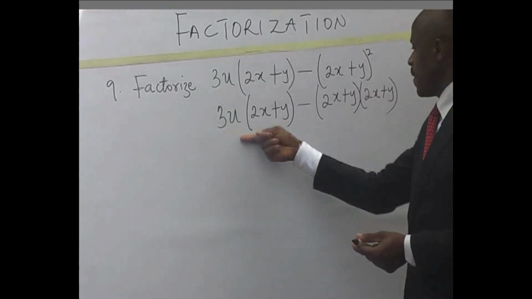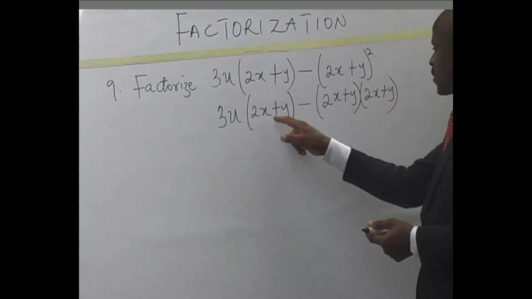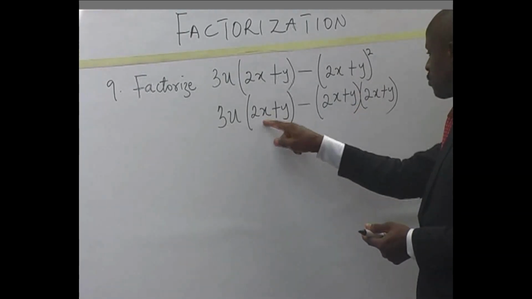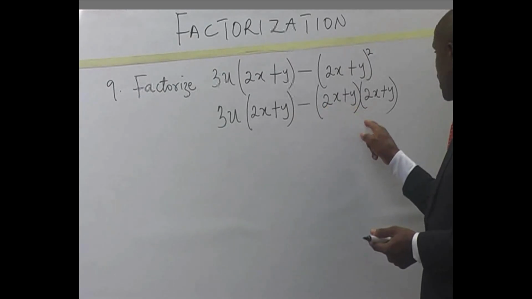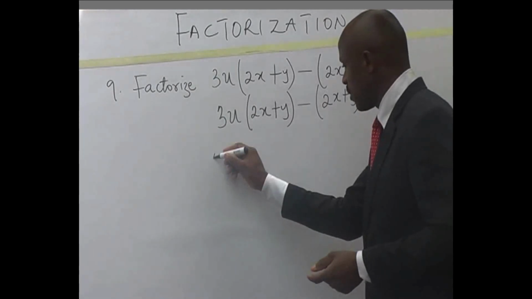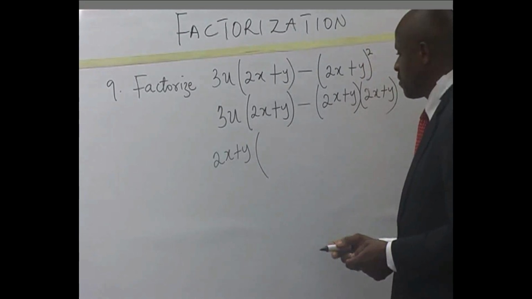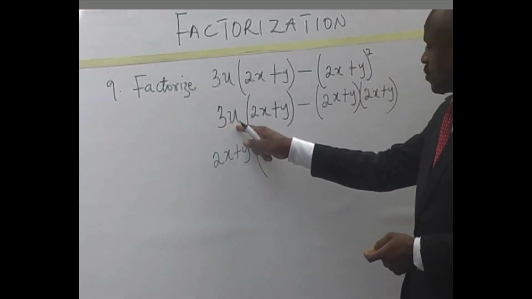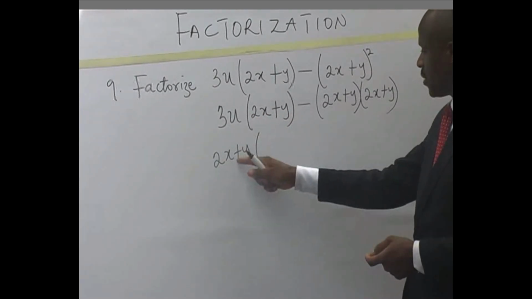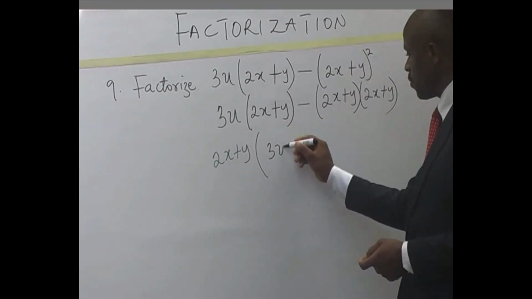Now, in the two parts of the terms, 2x plus y is common in both of them, because you have 2x plus y here and 2x plus y here. So you pick one of it. 2x plus y, open bracket, begin to divide. Divide 3u times 2x plus y by 2x plus y. 2x plus y will cancel 2x plus y and leave you behind with 3u.